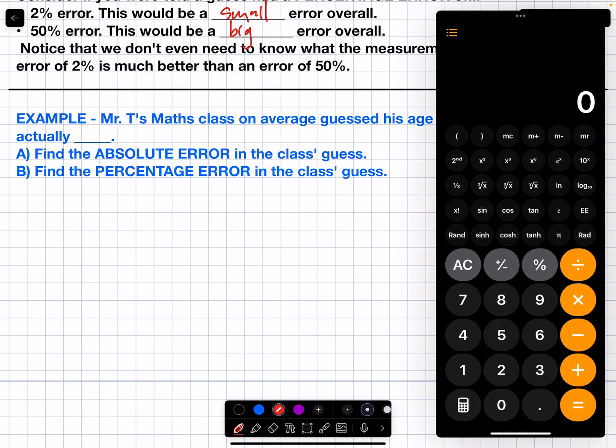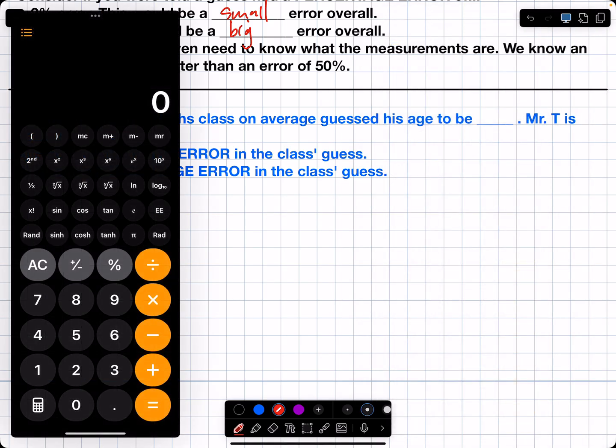Mr. T's class, on average, guessed his age to be... 35? About 32. 36. No cheating. What do you guess? 37.